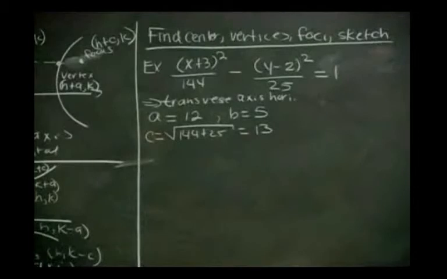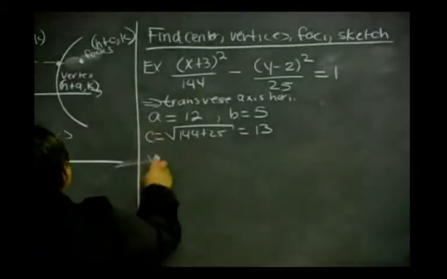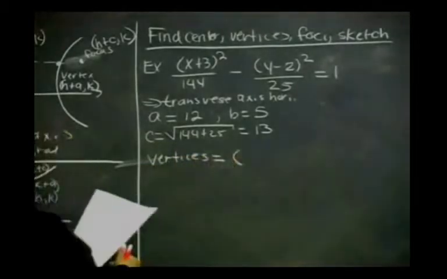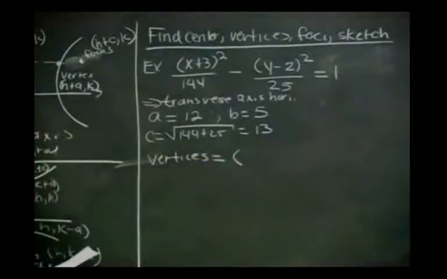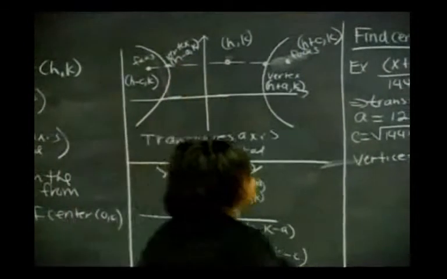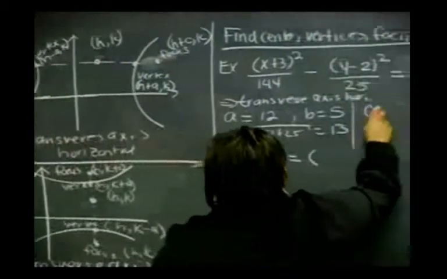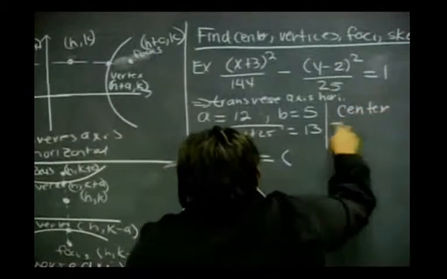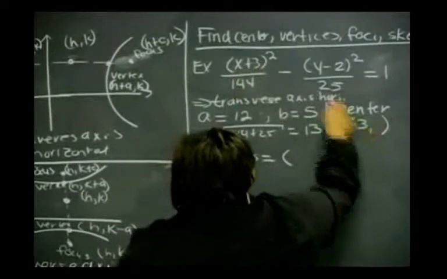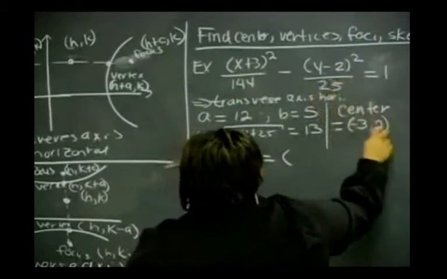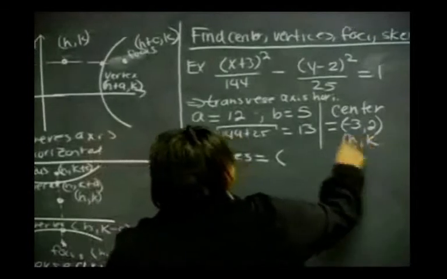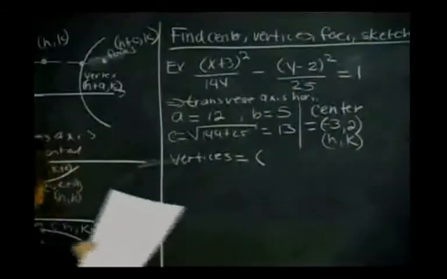Okay? Which means I can find my vertices, because where the transverse axis is horizontal, it is H minus A. Well, what's HK? Let's find the center. Center is the point HK, from X minus H and Y minus K. So this is my HK, negative 3, 2.